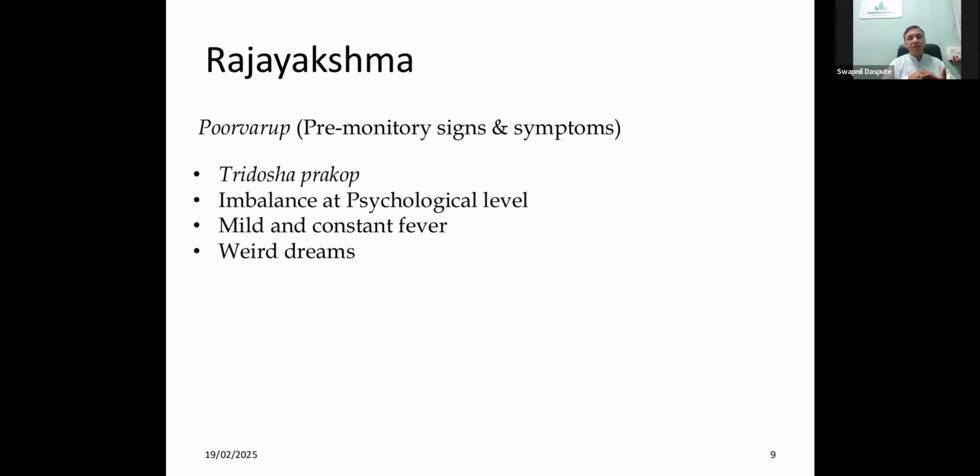Majorly it will be more vata and pitta related: movement related, aggression related, related to destruction, war, fire. Those kinds of weird dreams will be a part of Purva Rupa in Rajayakshma. So when we do consultation, we ask the patient about their sleeping patterns, etc.